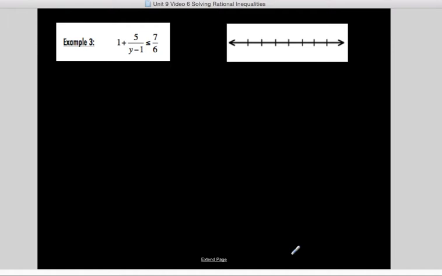All right, example 3, step 1. Hopefully you're getting these steps down. Step 1, solve the equation. So I'm going to rewrite it. Okay, common denominator would be 6 times y minus 1.